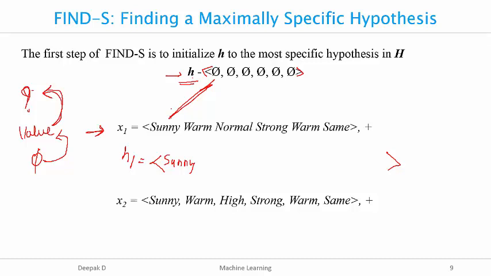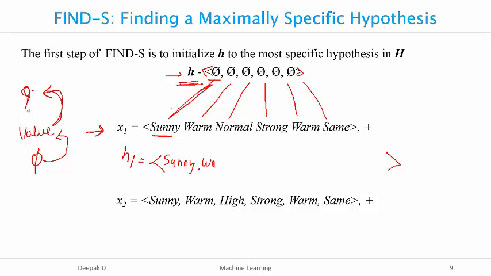What do you have here? You have sunny and you have a null value, and the more general constraint is sunny. So I have replaced with sunny, and you compare with the next attribute, strong and null value, warm and same. When you compare this, all are replaced with the values that are more general than your previous hypothesis values.